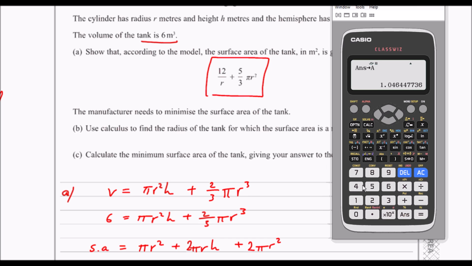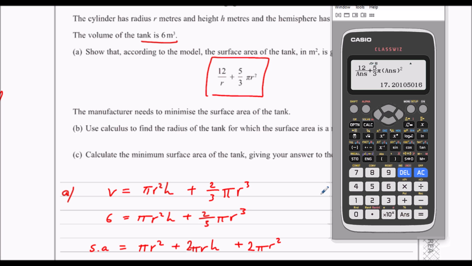So 12 over answer plus 5/3 pi times the answer squared.